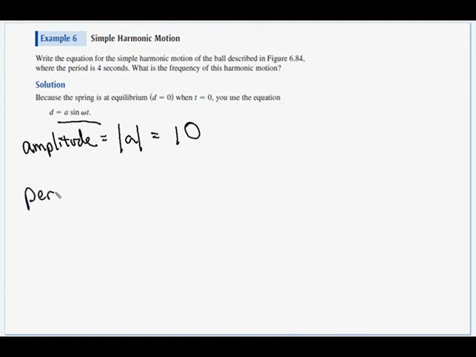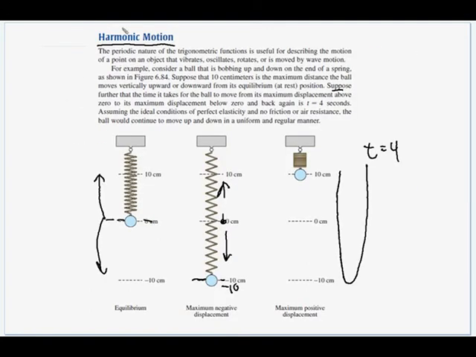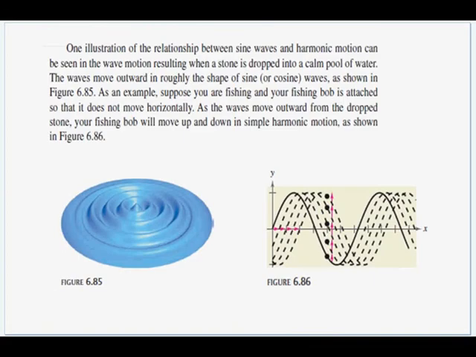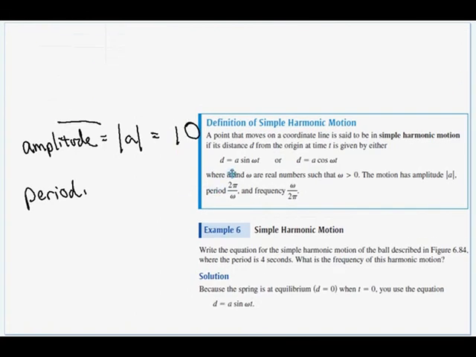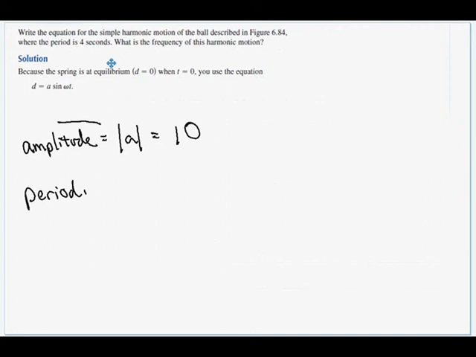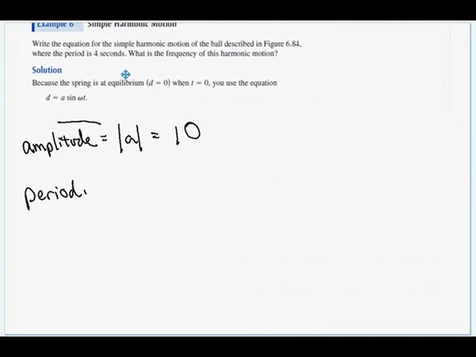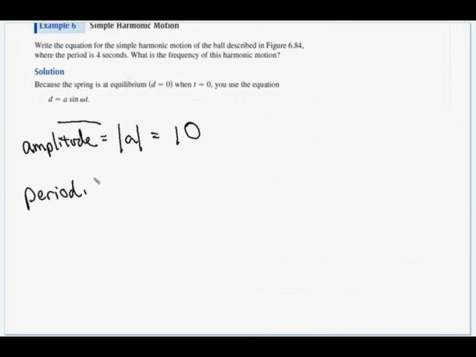The period is 2 pi divided by omega, and we know in the given information the period is 4 seconds.